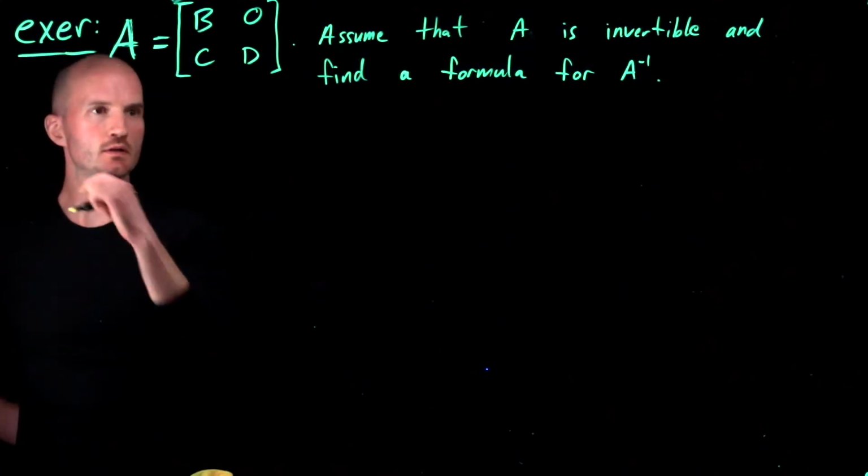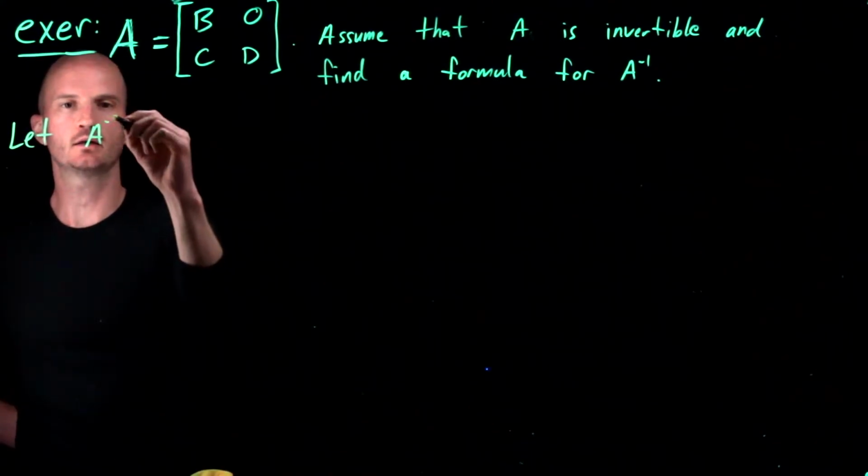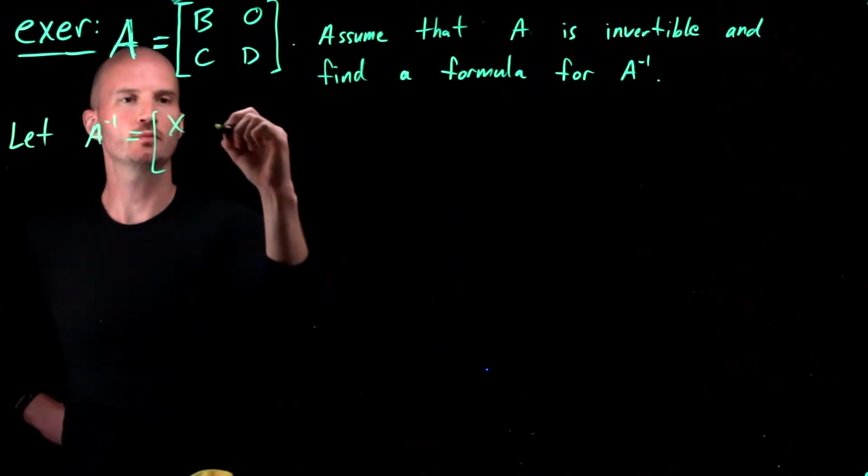Now we say, like before, let A inverse equal x, y, z, w.